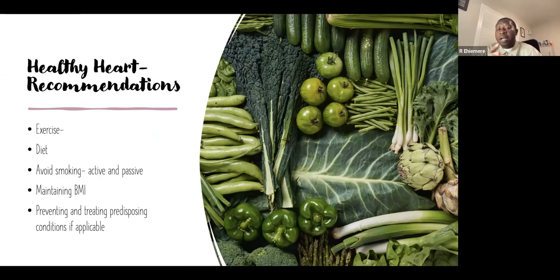Just as we've seen, if you know what causes a problem, then you probably know how to confront it. Hence the reason we highlighted some of the factors that actually contribute to an unhealthy heart. And if you know them that way, you could oppose them by living lives that are better.